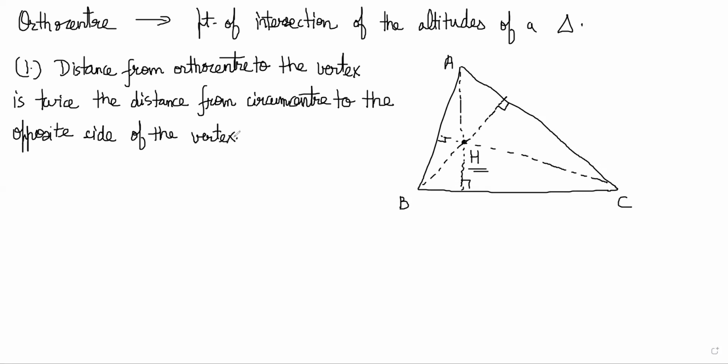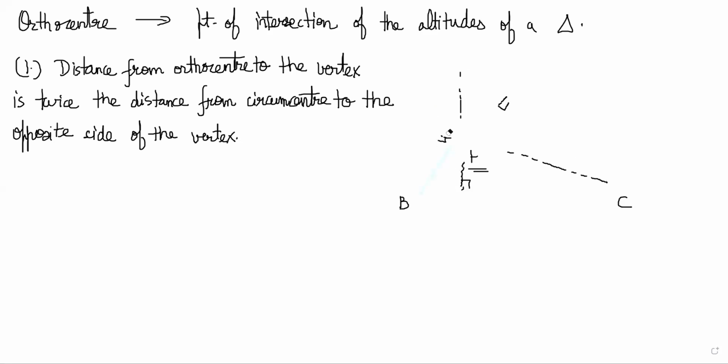So let me explain this. Basically this is saying that find this distance AH. So we can find AH, but first let's find the distance from circumcenter to the opposite side of the vertex.